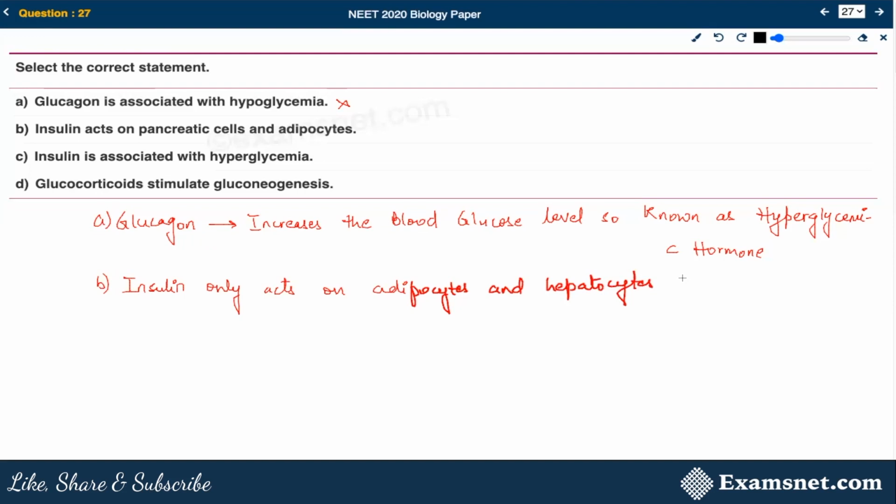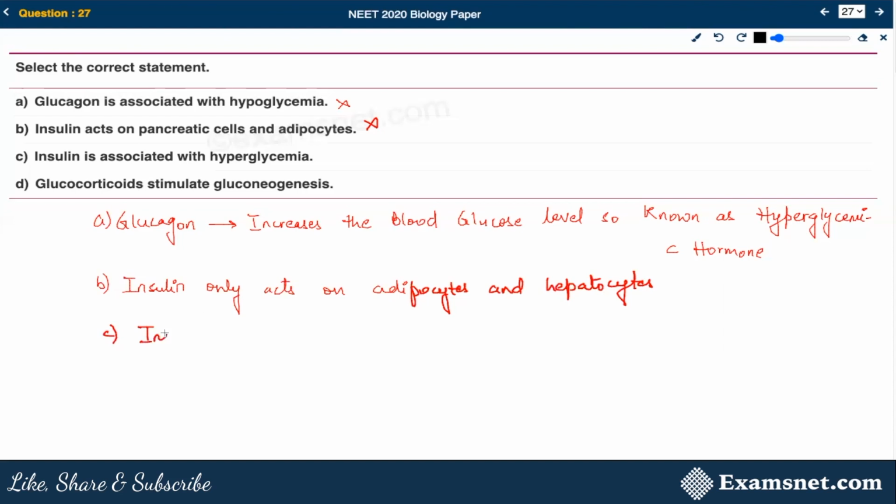All right. Now, the third statement says that insulin is associated with hyperglycemia. No, insulin is actually responsible for decreasing the blood glucose level. So that's why it is a hypoglycemic hormone.